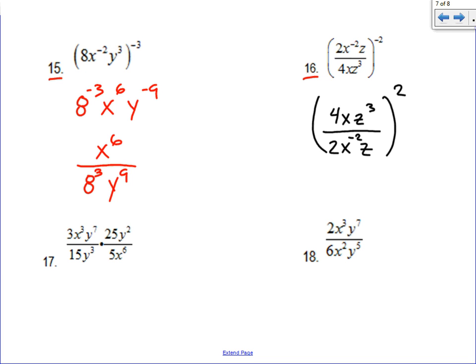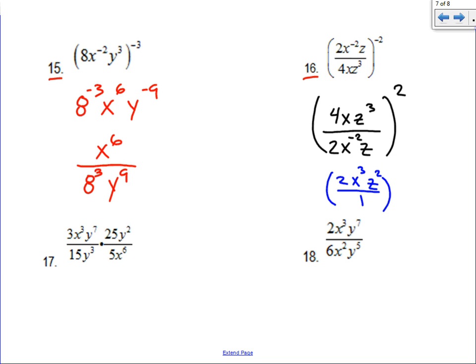Now, before I actually go about doing that, I'm going to reduce what I have inside the parentheses. So I'm going to reduce this to 2 over 1, x cubed and z squared. Doing that actually completely gets rid of the denominator.